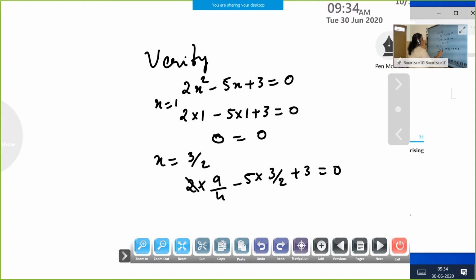That is 9/2 minus 15/2 plus 3 is equal to 0. Taking the LCM, 9 minus 15 plus 6 over 2. 9 plus 6 is 15, so 0 = 0. That verifies this equation.